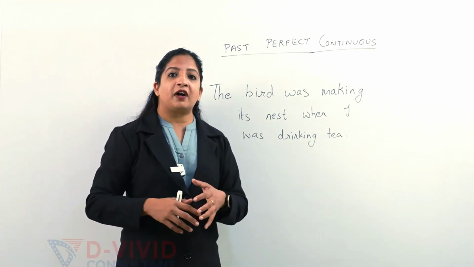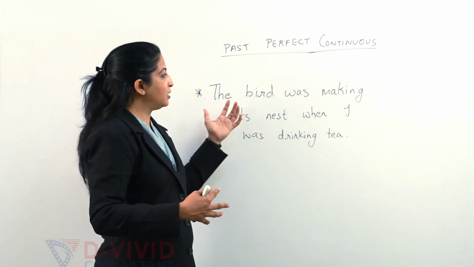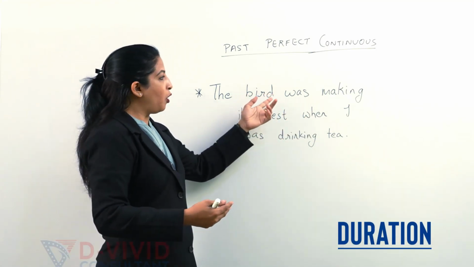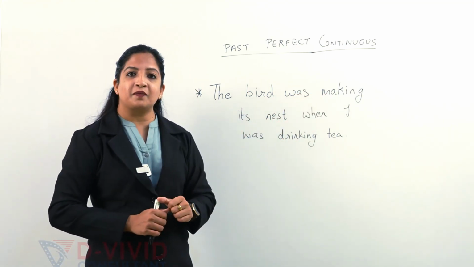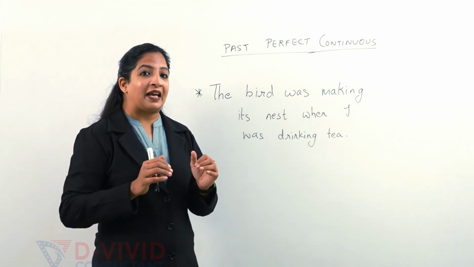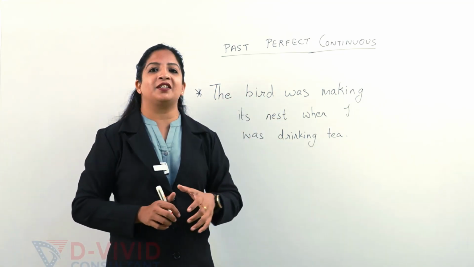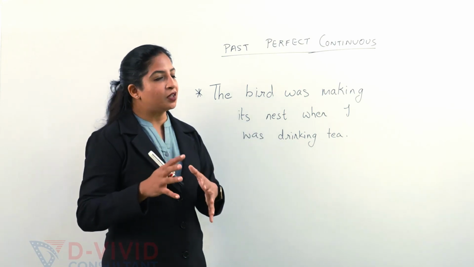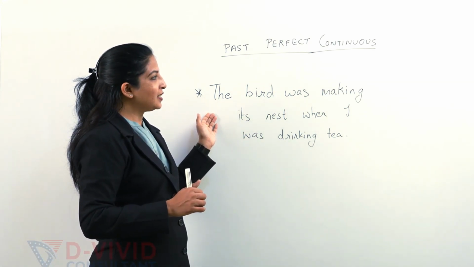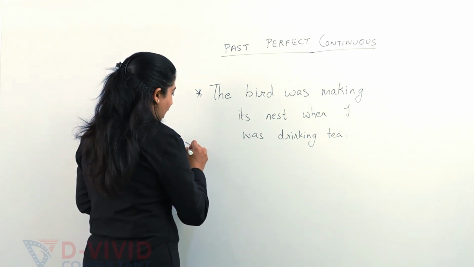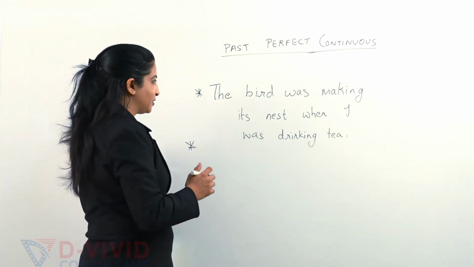But what if I want to convey the duration of this activity? Who is going to help me out with this situation? Definitely the past perfect continuous tense. So how will this sentence look? This is how it is going to look.